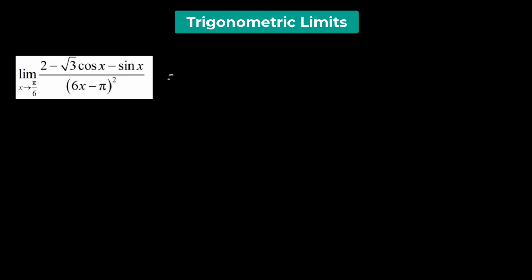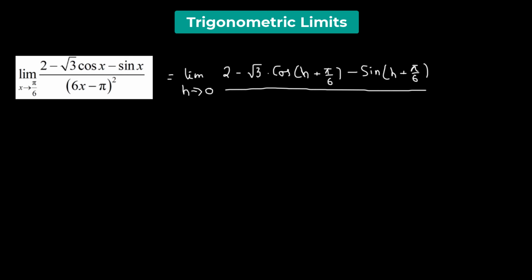So here we have limit. We're going to change the limit from x to h. So we have h tending to 0, 2 minus square root of 3 times cosine of x, which is h plus pi over 6, minus sine of h plus pi over 6, whole divided by 6 times h plus pi over 6 minus pi, whole squared.